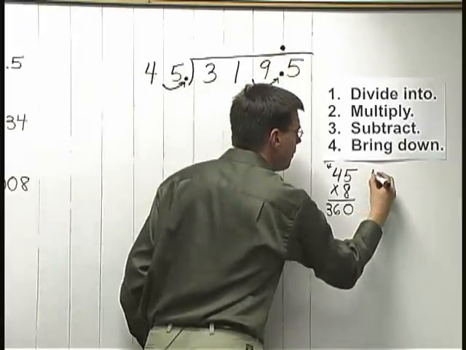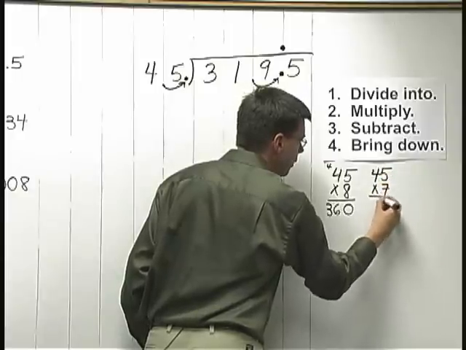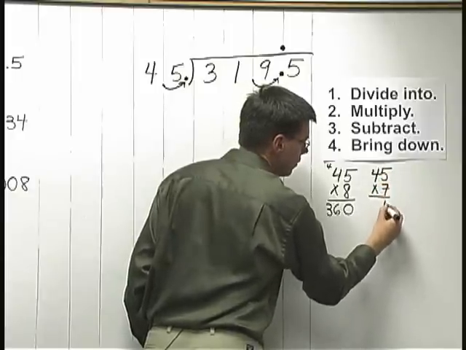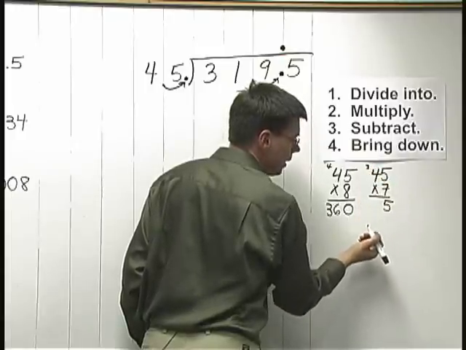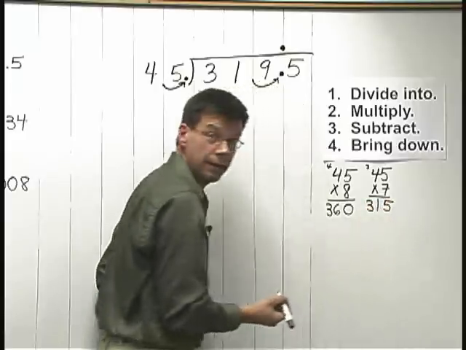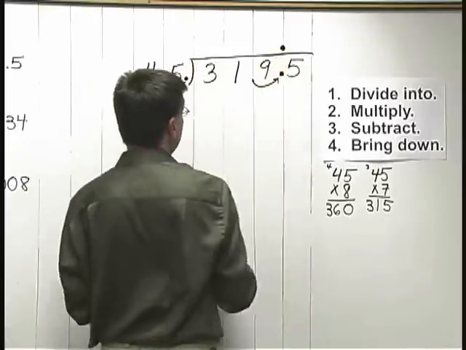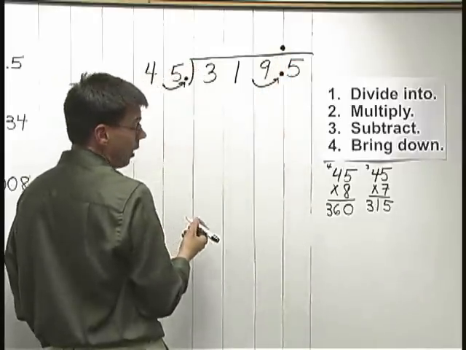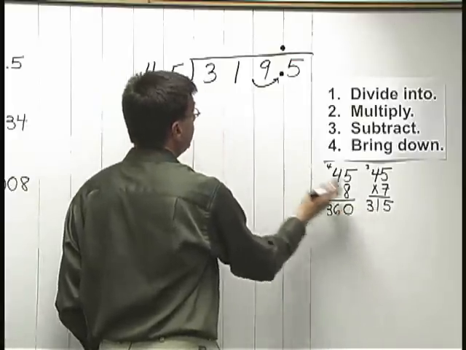So let me try 45 times 7. Maybe that will work. 7 times 5 is 35. Write the 5, carry the 3. 7 times 4 is 28, plus 3 is 31. I get 315. 315 is smaller than 319. So 45 will go into 319 7 times.